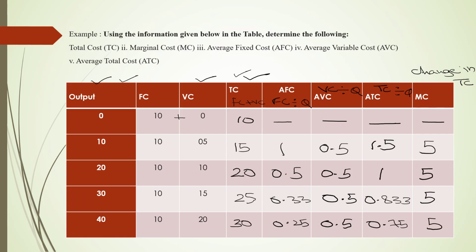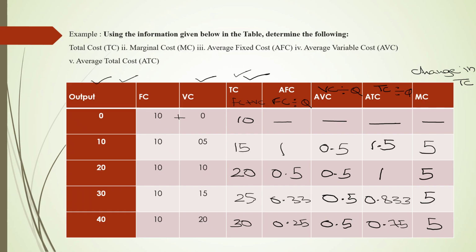So these are the different types of concepts in economics, which is very important for the producers to find out the cost of production and how they are going to make the profit. In my next video I will be explaining the concept of revenue.